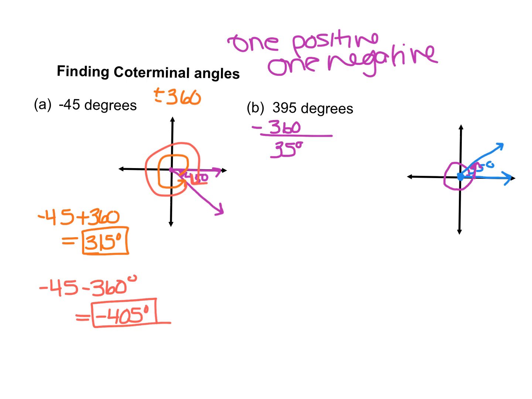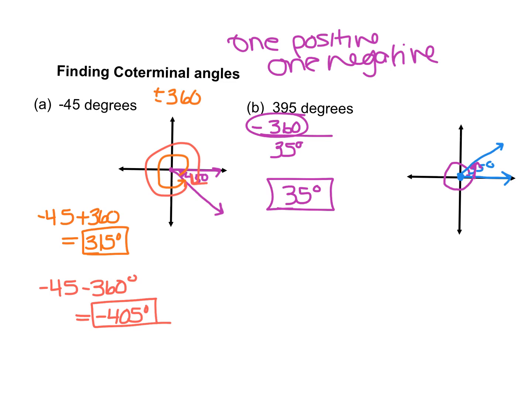Now what's cool about drawing this 395 degree angle is that just in doing that we subtracted 360 and found that one coterminal angle is 35 degrees. So we've already found one of our angles just in drawing that angle in standard position. Then from here we have our positive angle, so we need to find a negative angle.